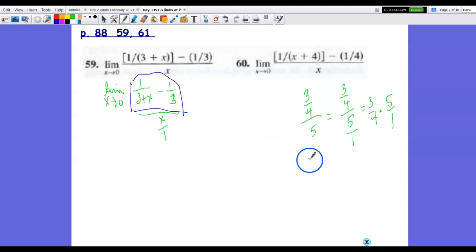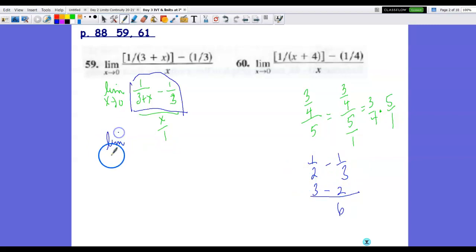So if I come back over to 4th grade math, that would be doing something like 1/2 minus 1/3. I would get the common denominator by multiplying 2 times 3, and I would carry out my 4th grade work, multiplying the first fraction's numerator and denominator by 3, the second fraction's numerator and denominator by 2, and then moving forward from there. So I'm going to do the same thing here.